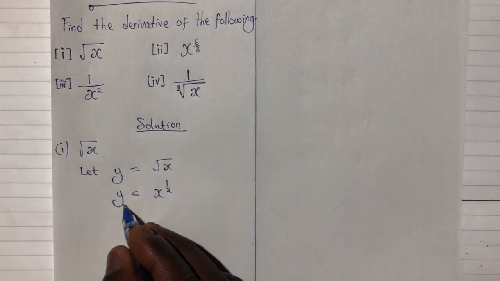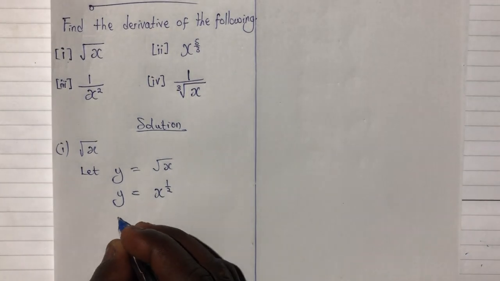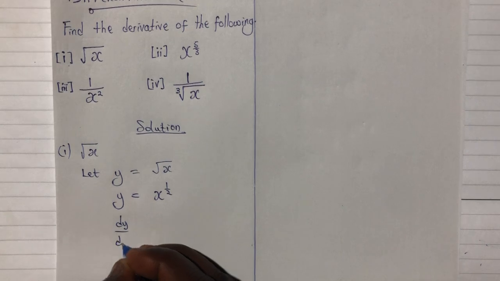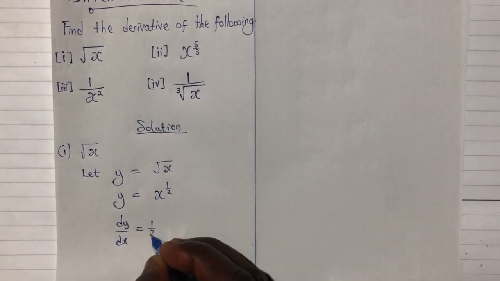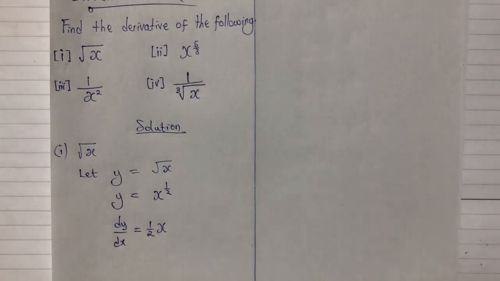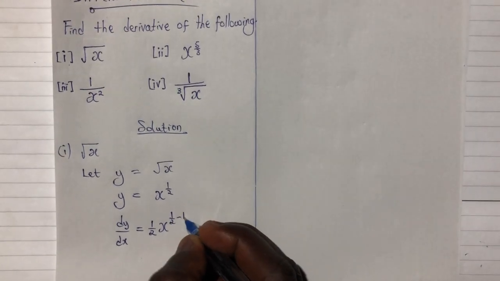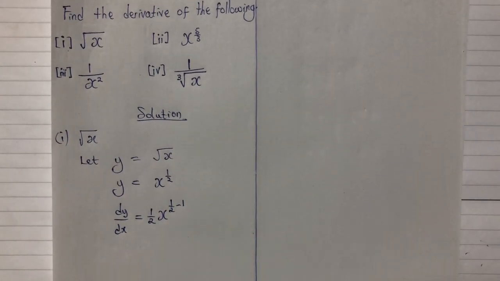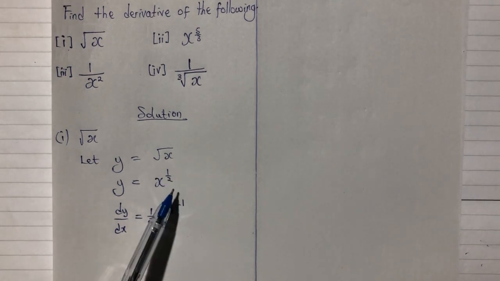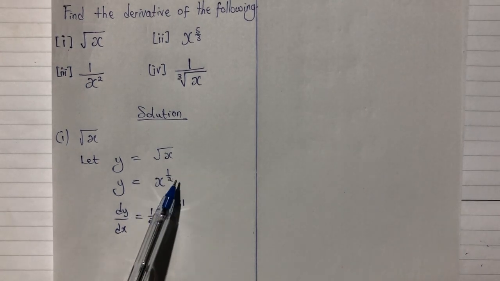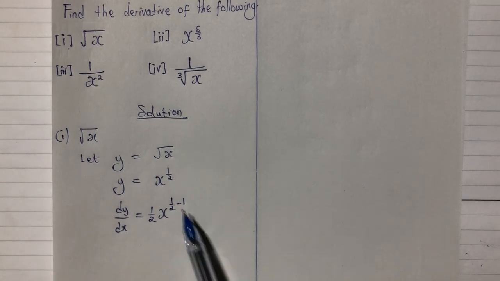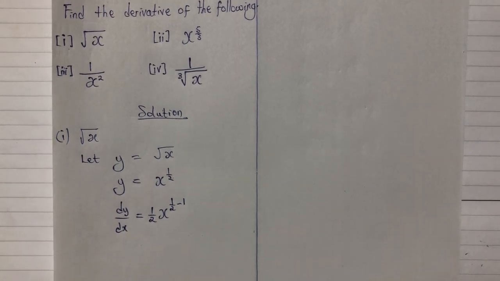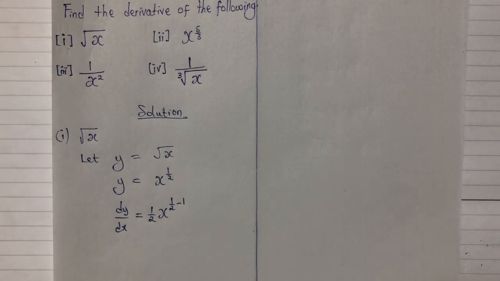Differentiating y with respect to x, I have dy dx being equal to 1 out of 2 times x to the power 1 out of 2 minus 1. So you multiply the variable by the power and you reduce the power by 1.